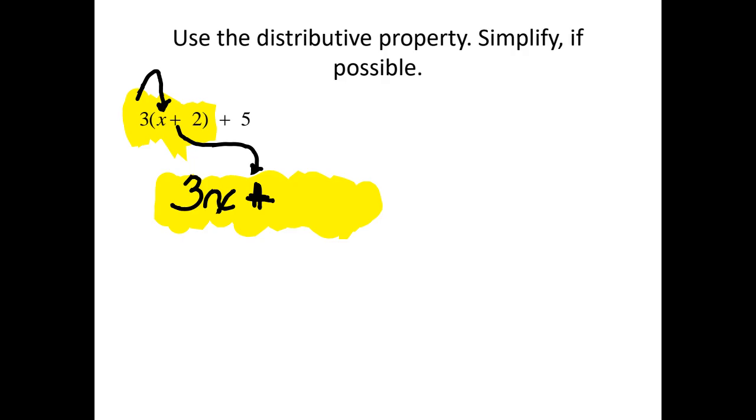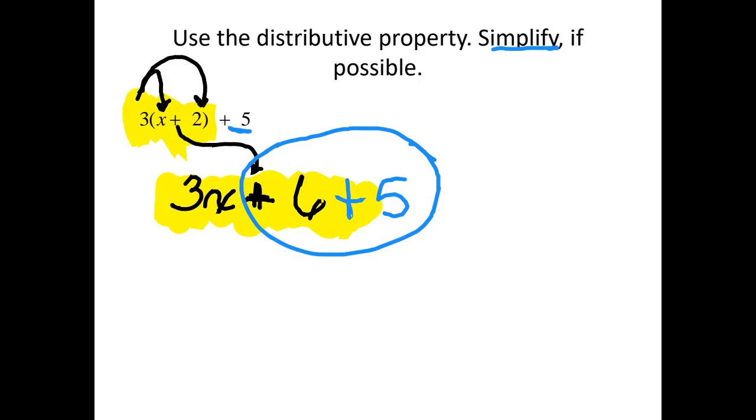That's 6. That ends the parentheses. But notice what I have back here. Plus 5. These two numbers are going to go together. This is when you simplify. This will be 3x plus 11, because the two numbers I can add together.